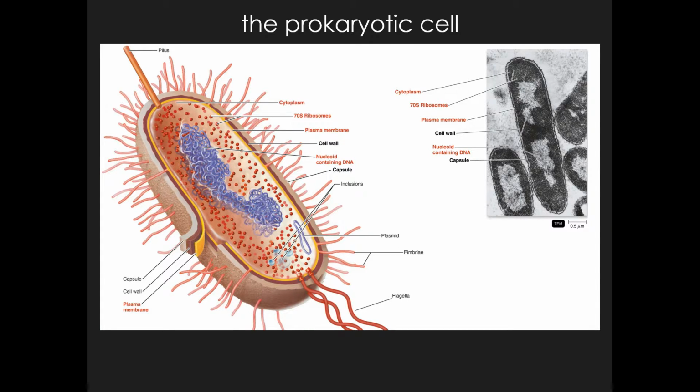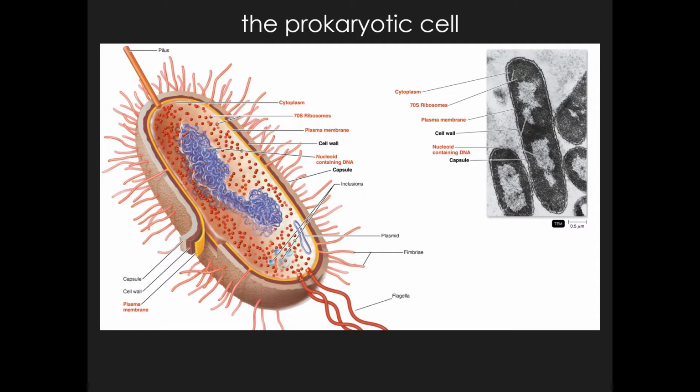So as you can see here, the prokaryotic cell, though it lacks a nucleus, which is a defining characteristic of a prokaryote, is not at all simplistic. It contains many extracellular appendages as well as lots of things going on inside.